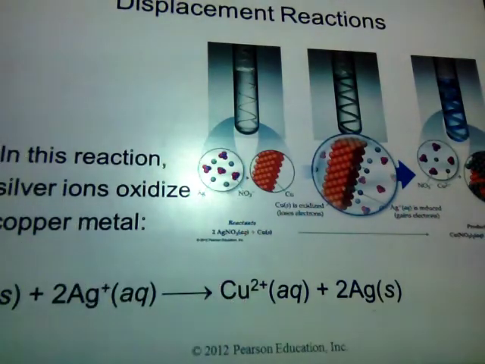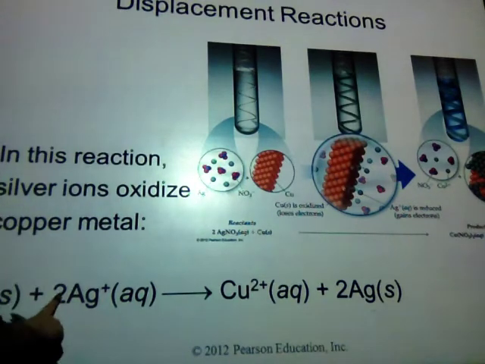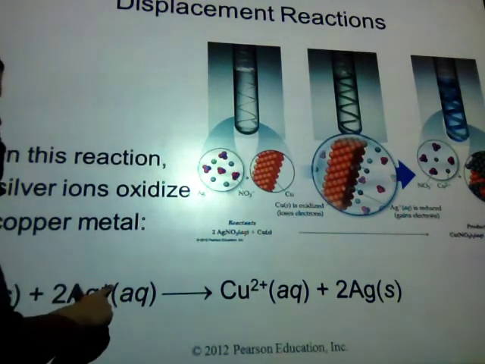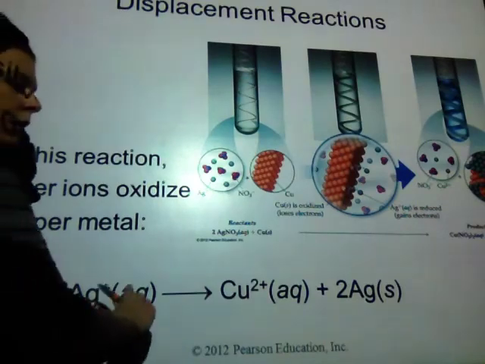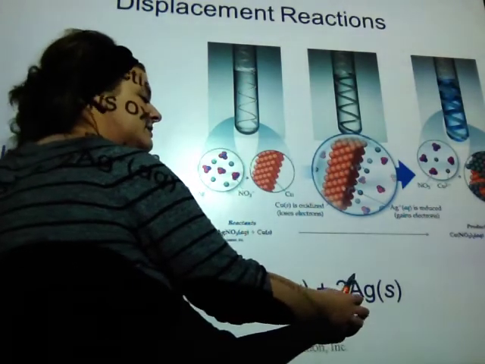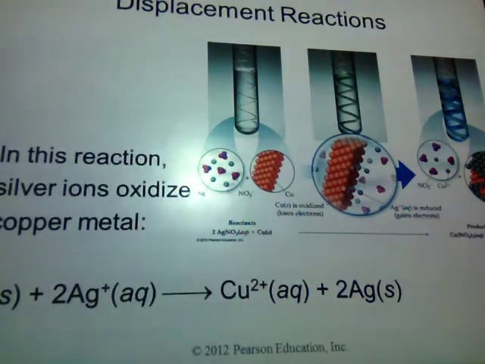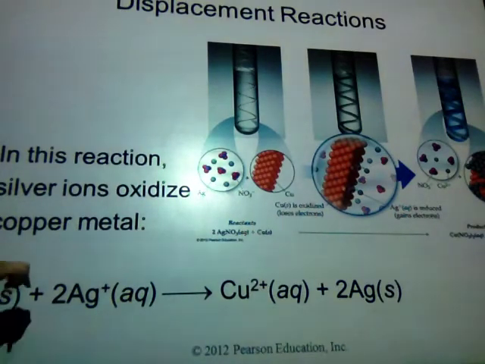So that means it must have been oxidized. So copper is going through oxidation. Silver is a +1 here. On the product side, it has a 0 oxidation state. So it is gaining electrons, so it is going through reduction.